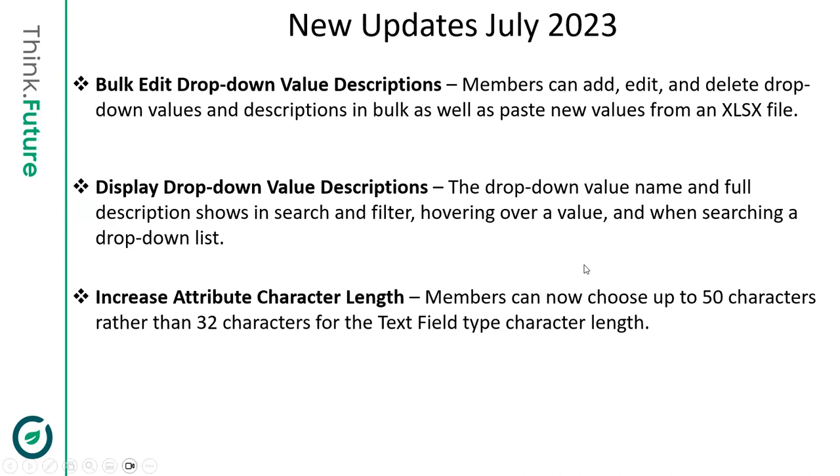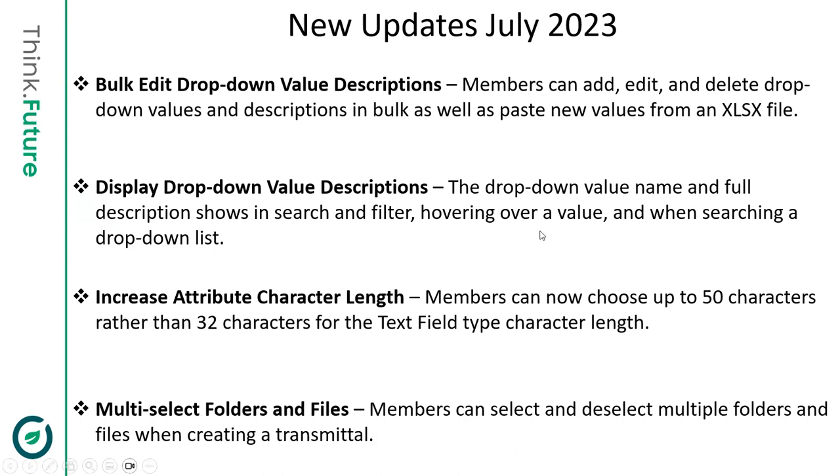Increase in attribute character length: members can now choose up to 50 characters rather than 32 characters for the text field type of character attributes. Multi-select folders and files: now we can select and deselect multiple folders and files when creating a transmittal.